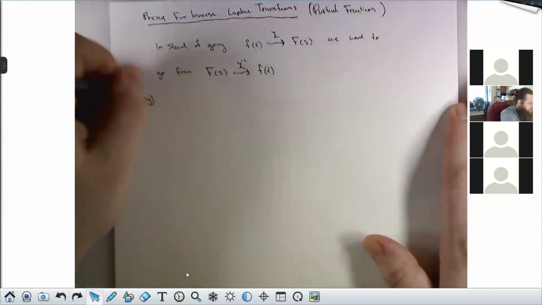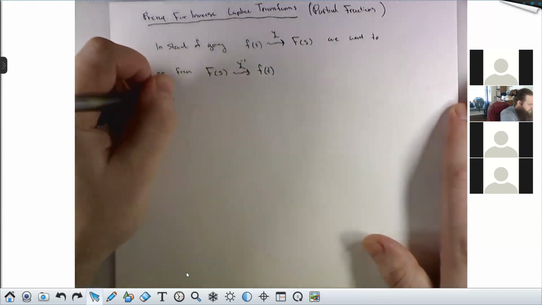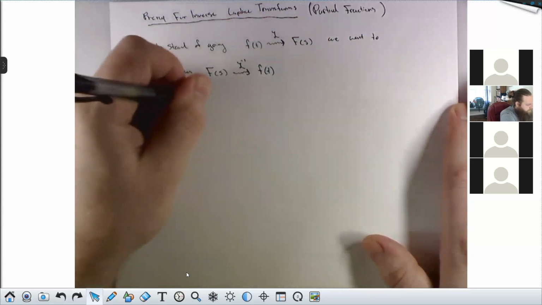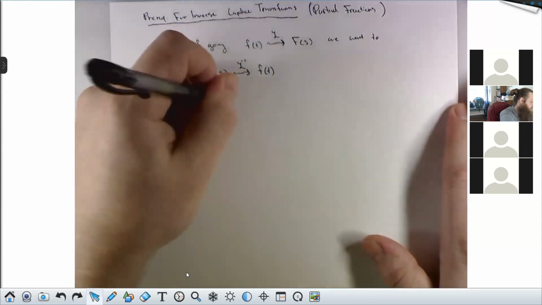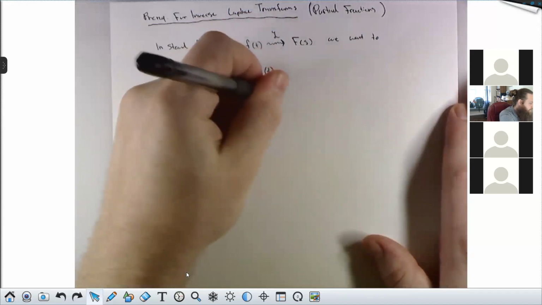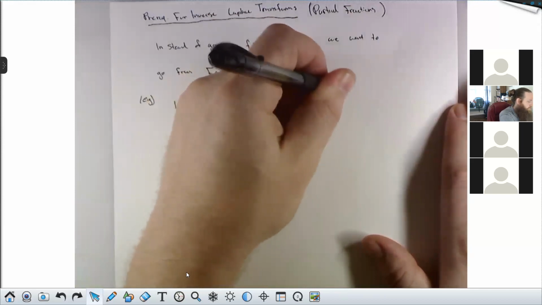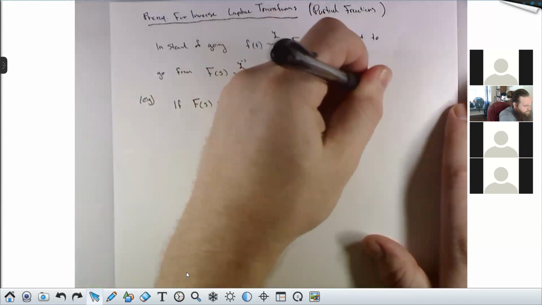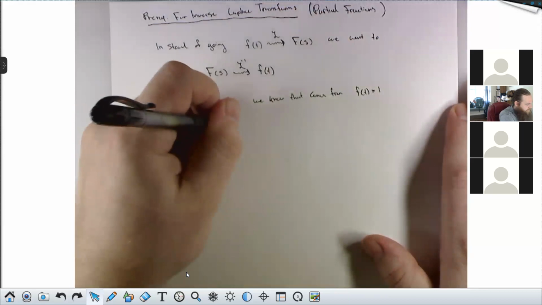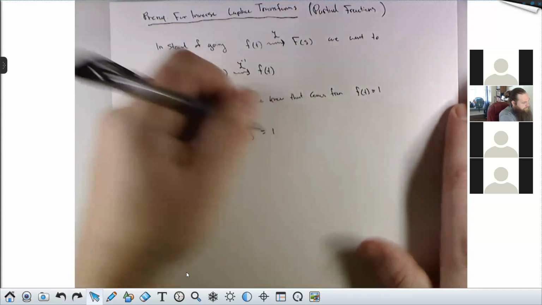For example, we remember that the Laplace transform of 1 is 1 over s. So if big F of s is 1 over s, we know that comes from little f of t equals 1, i.e. the inverse Laplace transform of 1 over s is 1.